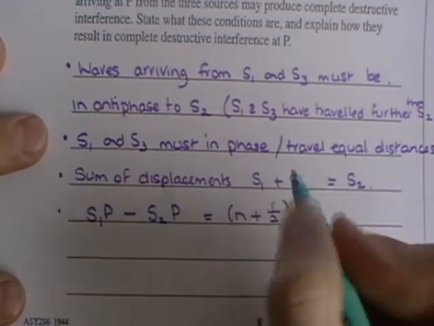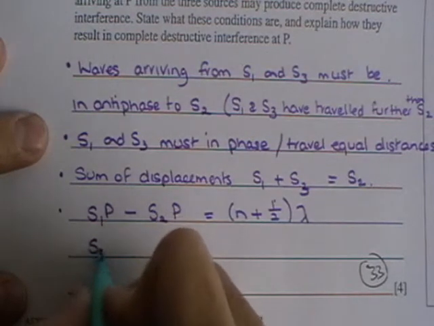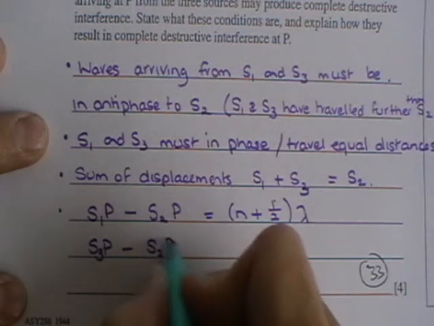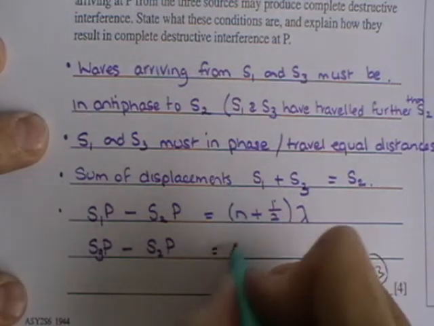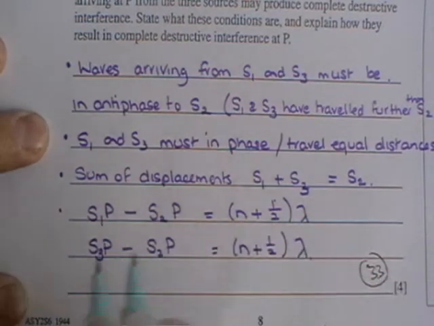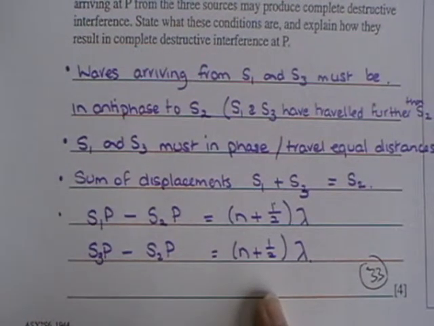And if you were to write that down for S3, of course, it's exactly the same. S3P minus S2P is also the same, n plus a half wavelength, and that has to be true, otherwise they won't destructively interfere.